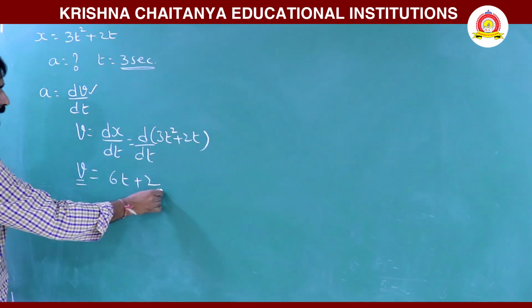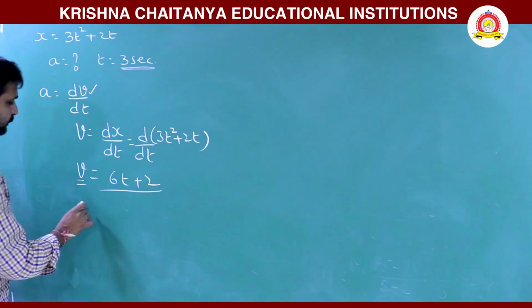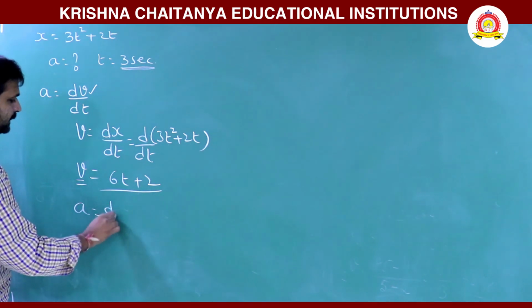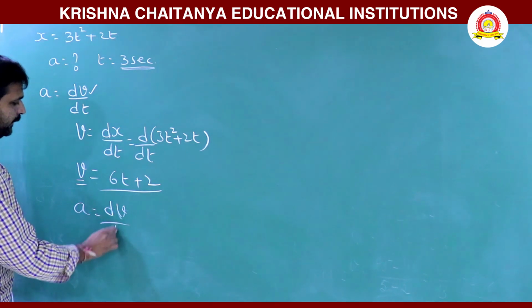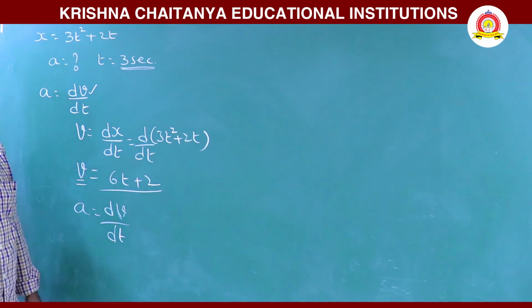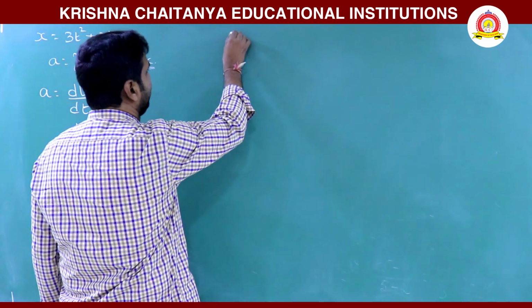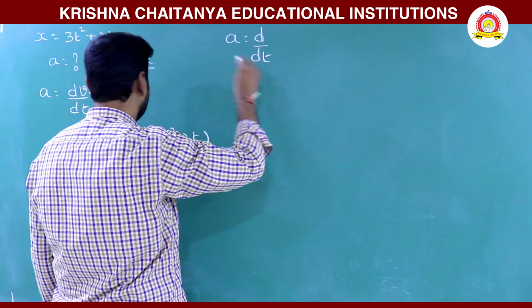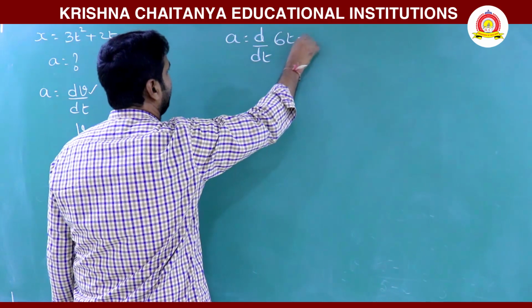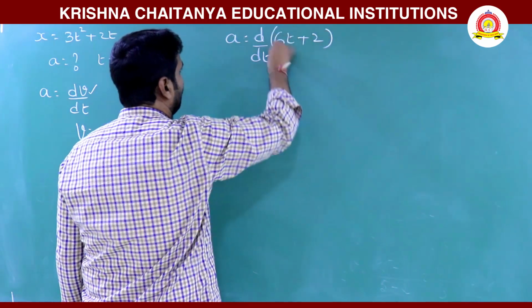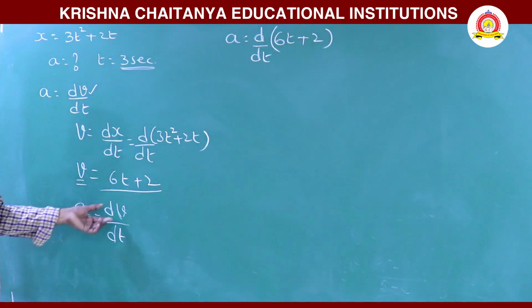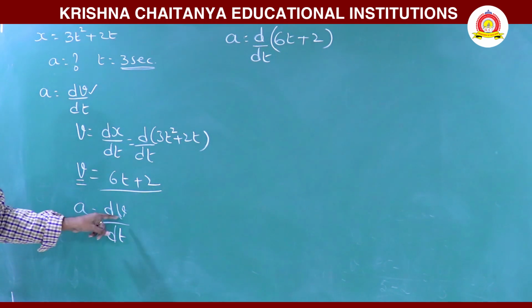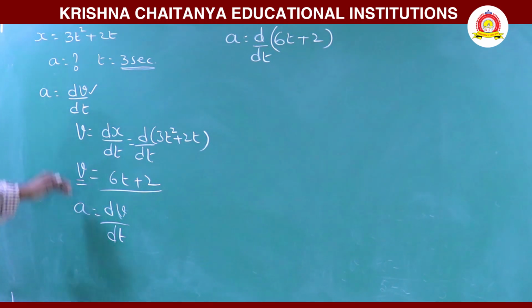If you want to get acceleration, dv by dt, that means a is equal to d by dt of 6t plus 2.